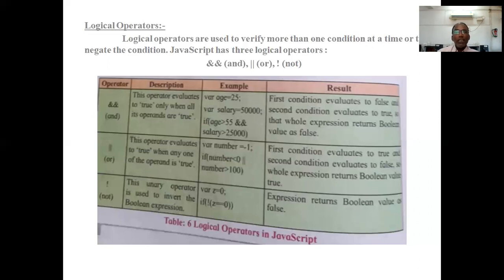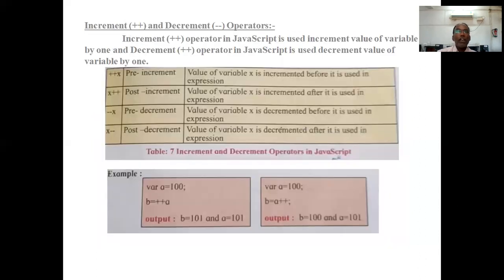Variable z is equal to 0. If not z equals to 0, the expression returns Boolean value as false. Okay? Fine.